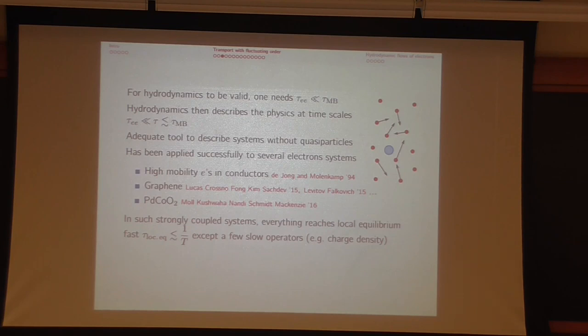But if for some reason either electron interactions are enhanced or the system is incredibly clean, then it can be a correct description. It has described successfully several systems, even recently. And so our standing assumption is that it could be that high temperature superconductors, at least in some parts of the phase diagram, are described by hydrodynamics. At least this assumption gives us a handle on the problem.